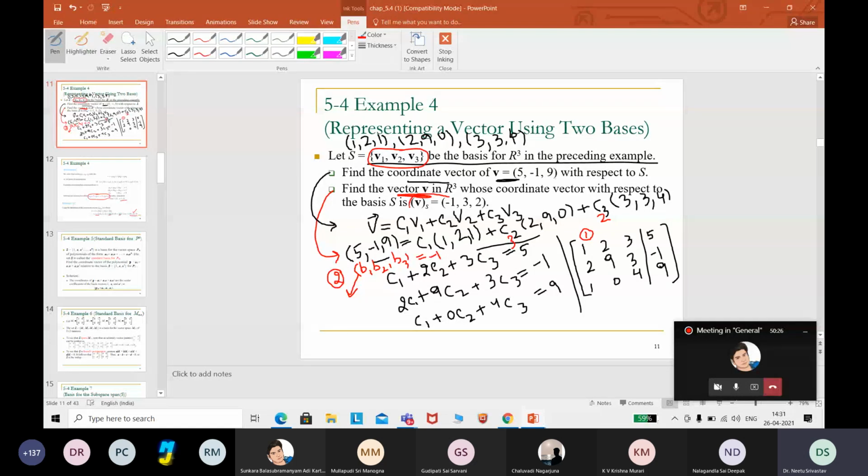When you know the place of a vector and the coordinates, you will be able to generate a vector, because any vector V is written as v equal to c1 v1 plus c2 v2 plus c3 v3. I know c1, c2, c3, I know v1, v2, v3. So when I substitute here, I will get the same thing they shared.